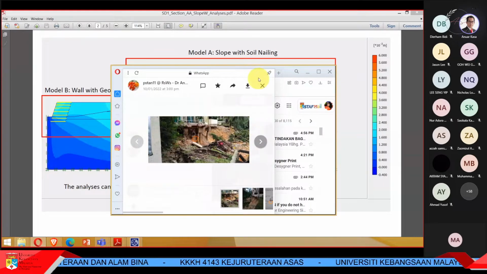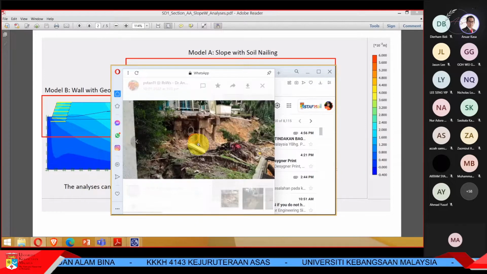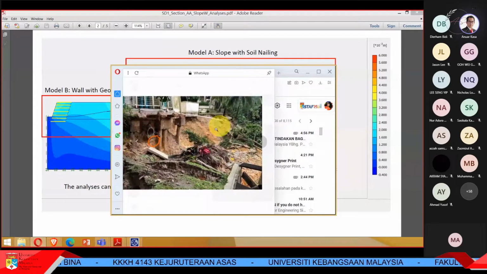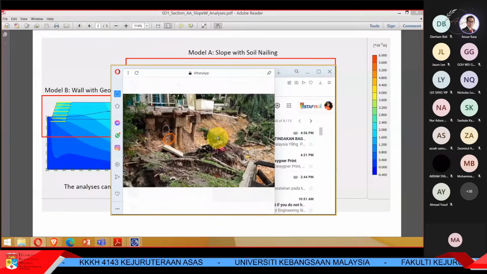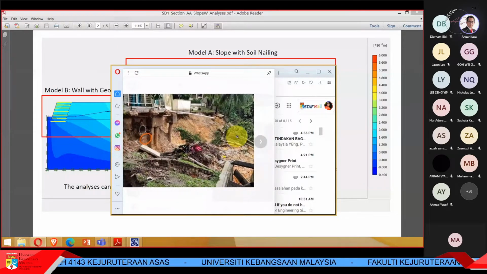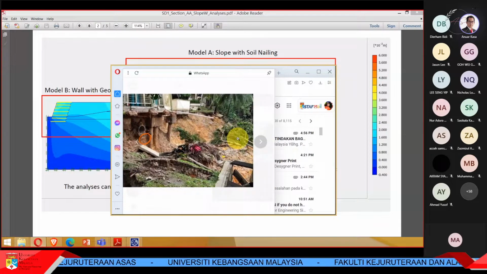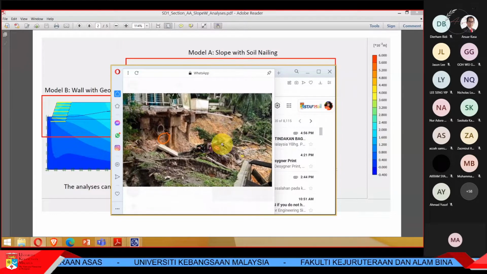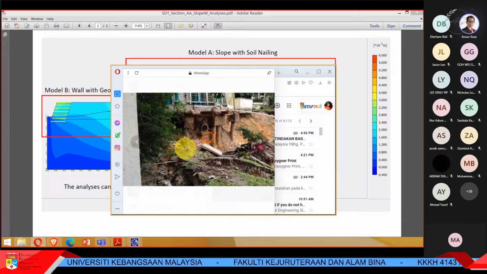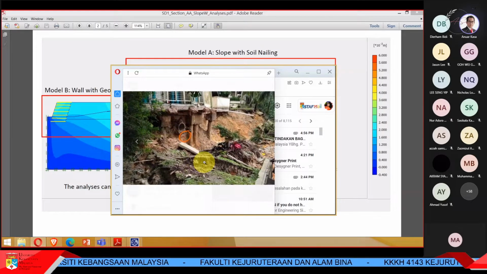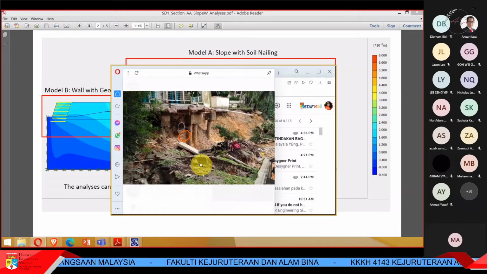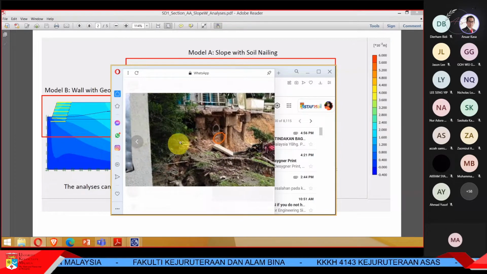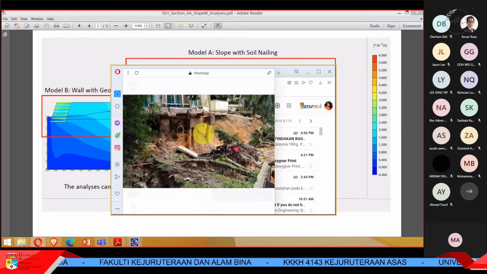Okay, this is somewhere in Kuala Lumpur after the flash flood. Actually, this is a hilly area. You can see here the foundation.